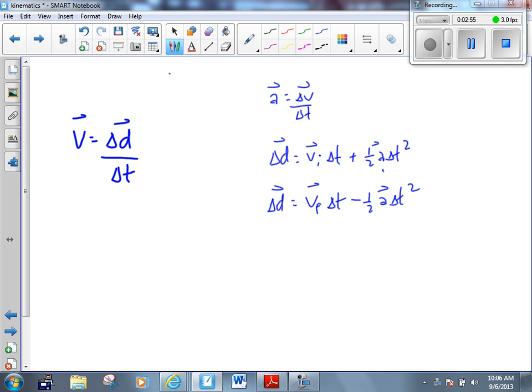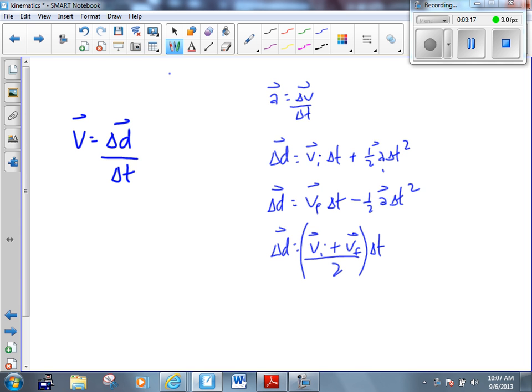We also had d is equal to vi plus vf over 2 times t. And this is kind of a bit of a different one because this one doesn't even have acceleration in there. We're talking about an acceleration problem, object speeding up, slowing down, but you don't even see an a in there. That's okay.